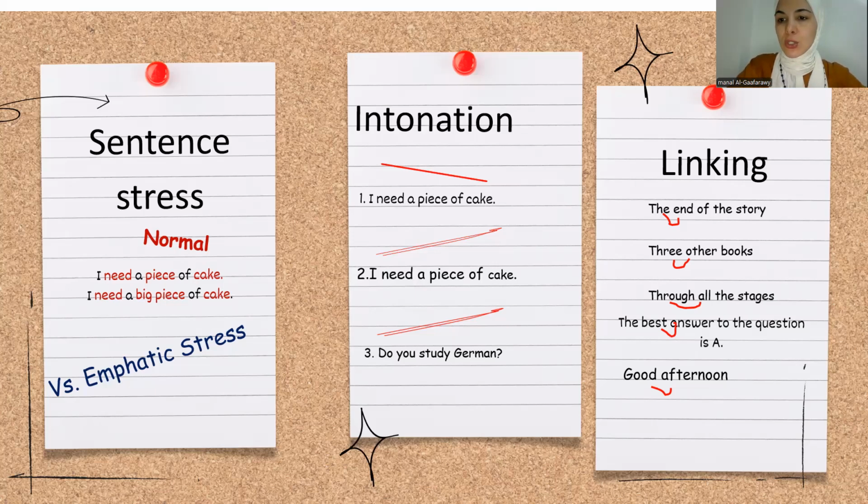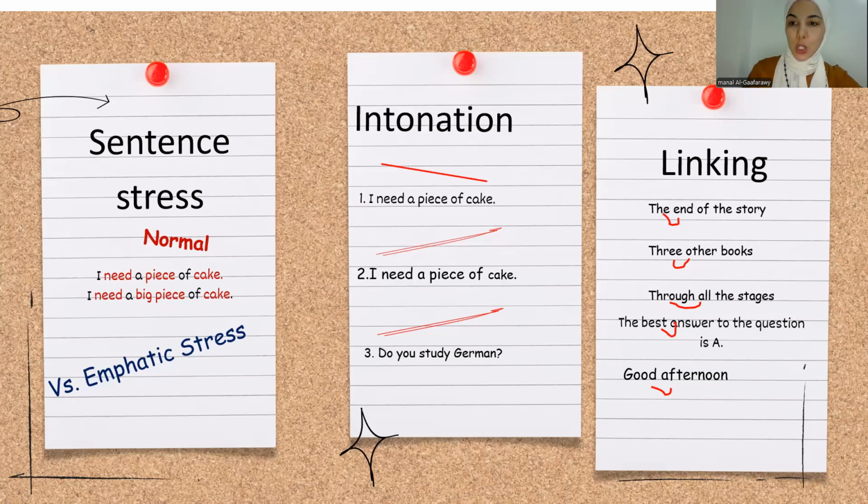And there are basic tones for statements and questions, so that the other person listening to you understands what you want. If my intention is to give information to someone, I may use a falling tone. So my voice is up at the beginning and then slowly goes down. So I need a piece of cake. My voice falls on cake.